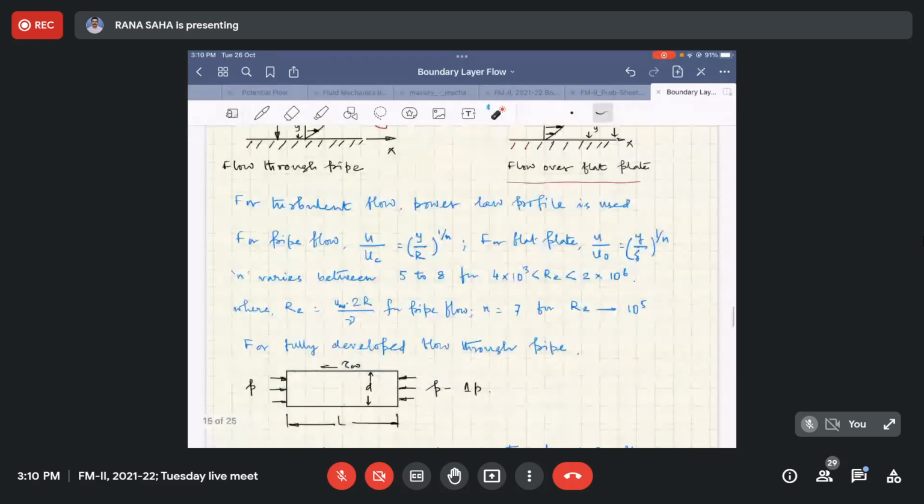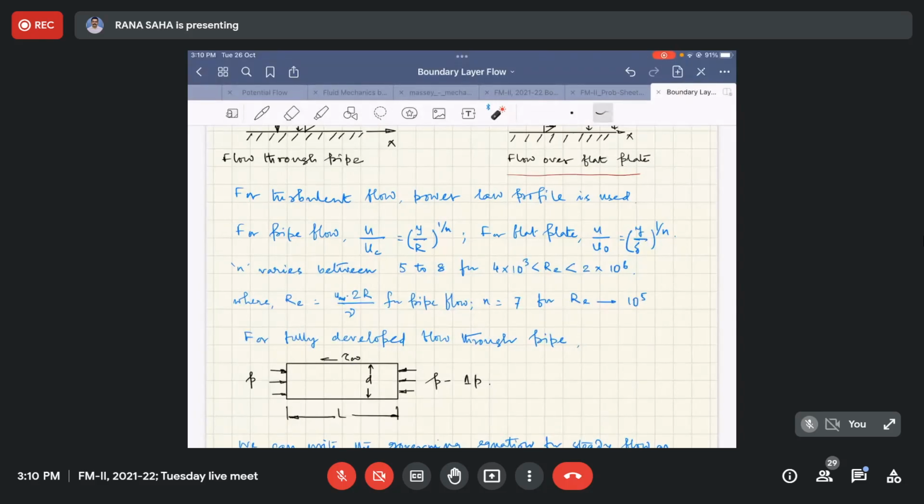For turbulent flow, we know that instead of a linear relationship, for either pipe flow or flat plate, the relationship follows the power law expression. That is basically, for pipe, u by uc is equal to y by capital R to the power 1 by n.